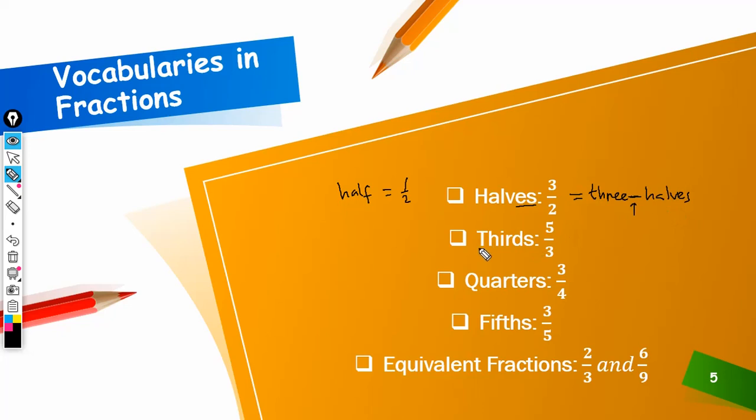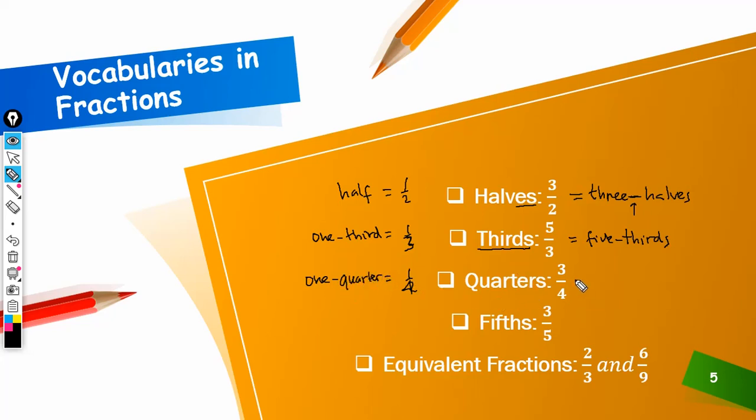The next one is thirds. If only 1/3, you say a third. But if you have more than 1, for example 5/3, you say 5 thirds. The next one is quarters. If you have 1/4, you say a quarter.